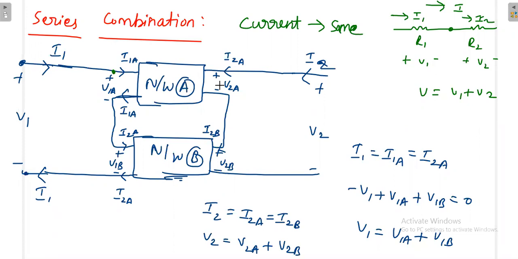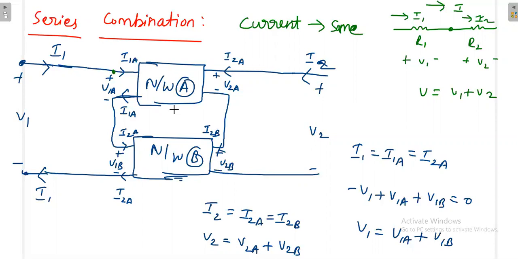Again, the next question arises: whenever the two networks are in series combination, which parameter is suitable? Because if you are given a network, you can write any parameter, Z parameter, Y parameter, H parameter, or ABCD parameter. But which parameter will be suitable here?